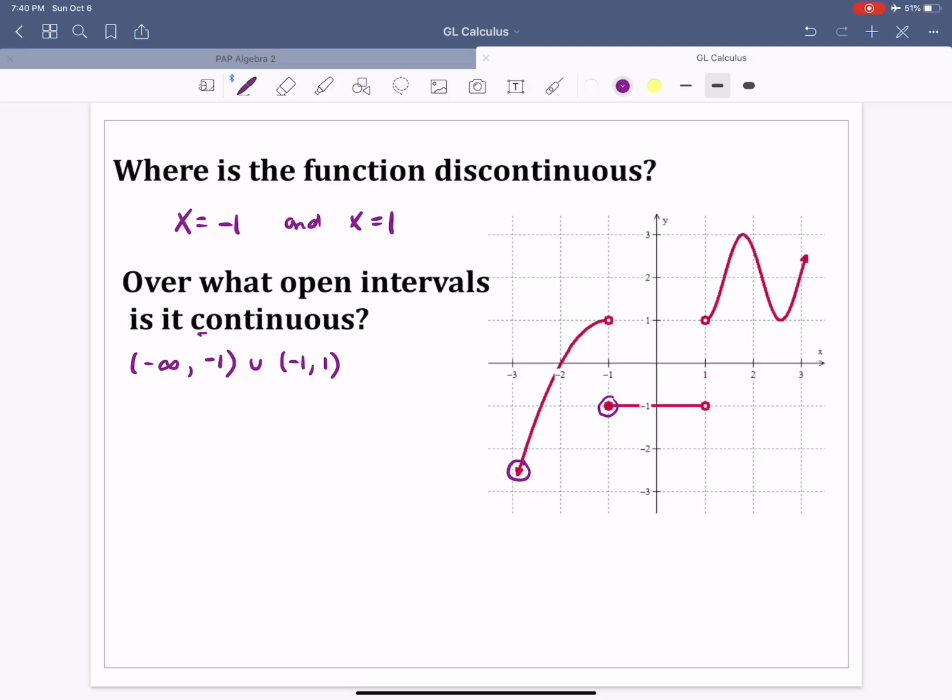And we're asked here to find the intervals where it is continuous. So at x equals -1, that's still not continuous. So that's why we use a parenthesis instead of a bracket. Okay, and then the third interval that is continuous is from 1 to infinity. So there are 3 sections of this graph that are continuous and 2 points of discontinuity.